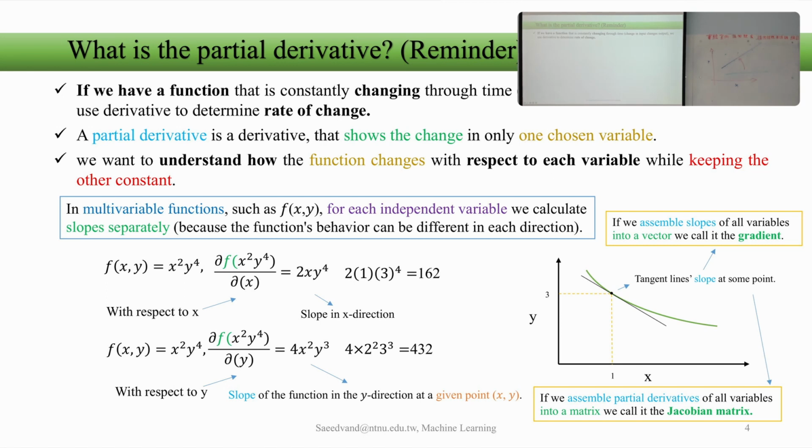So what is the partial derivative? We say we have a function that is constantly changing through time. A change in input changes the output, and we can use partial derivatives to understand the amount of change. What does it mean? This is the input, right? The change of the input changes the output.